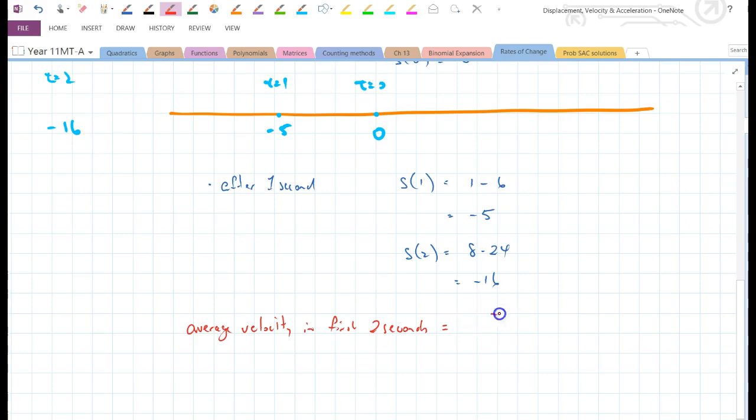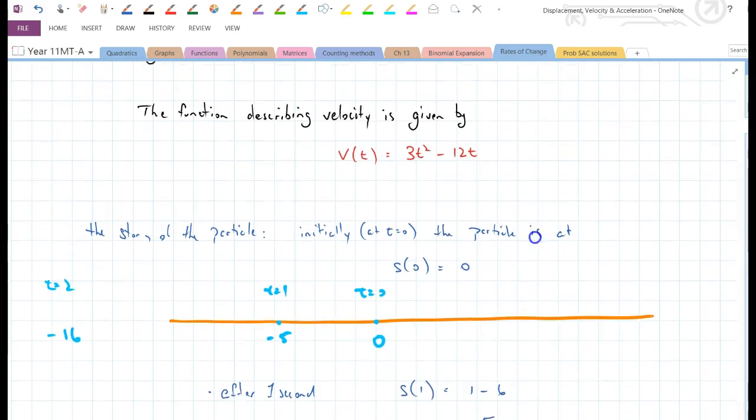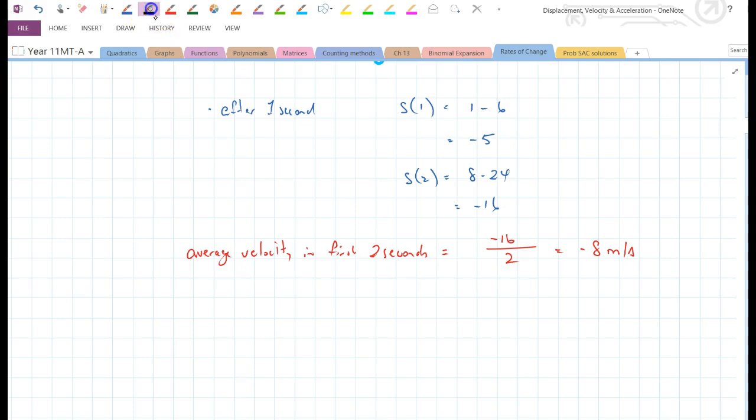So it goes 16 to the left over the time elapsed in the first 2 seconds, which is 2. So it's minus 8 meters per second. Just assuming that we're talking in meters for our displacement and in seconds for our time. So there's some news.